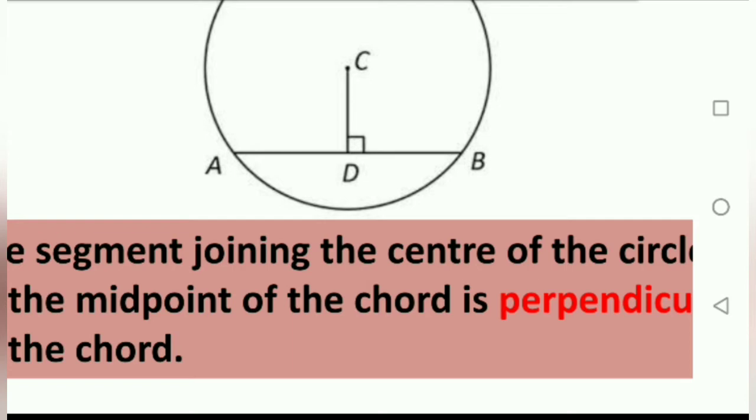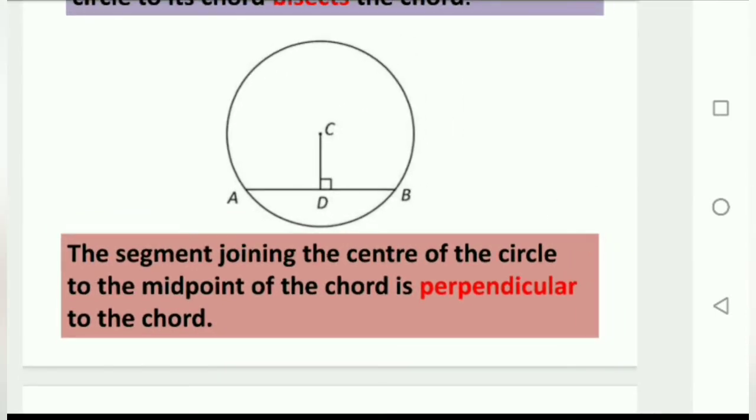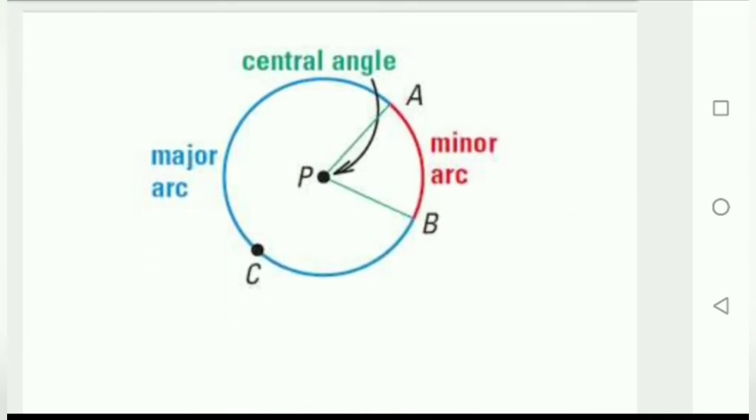That is distance from the center to the chord. So you will get a filling the blanks like this. Segment joining the center of circle to the midpoint of chord is dash to the chord. So what you're going to write there? Perpendicular. So it is always straight line and it is perpendicular means how much degree? 90 degree.